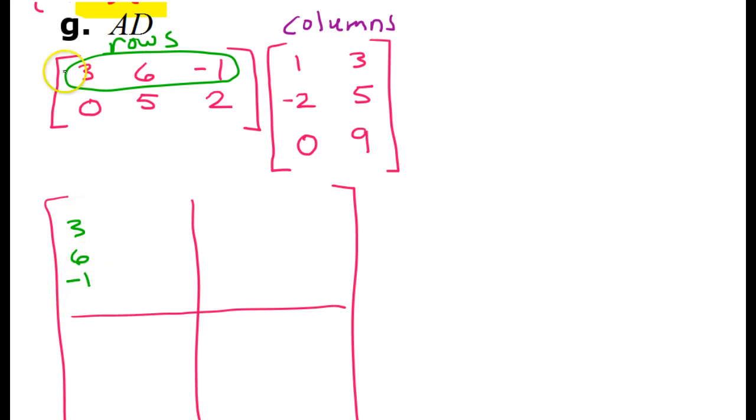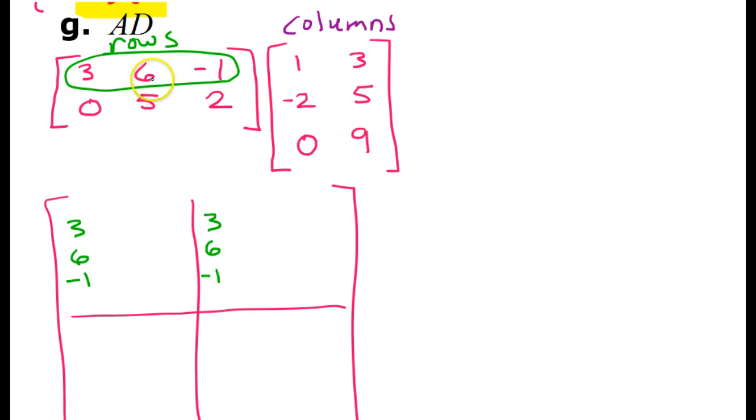Now I'm writing it vertically even though it's a row, just to make the calculations easier to perform. But this is row 1. And we will also put row 1 right here, 3, 6, -1. So we put row 1 throughout row 1 of the answer.